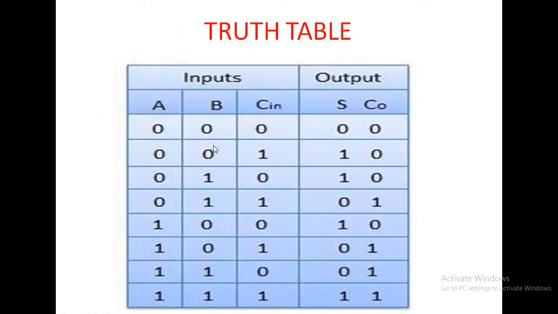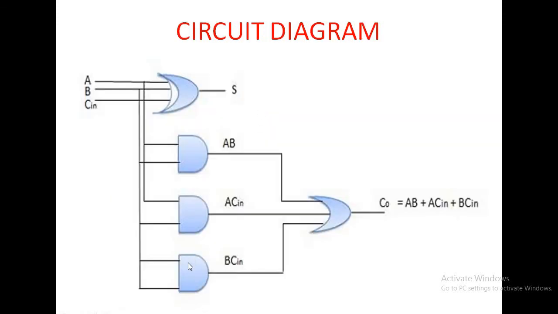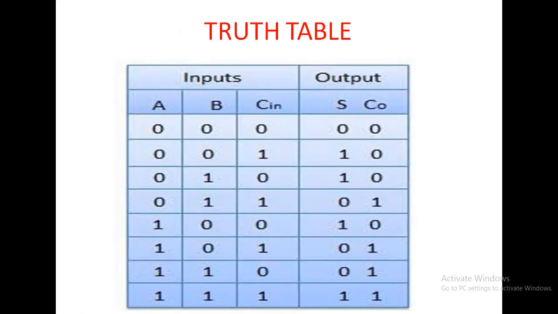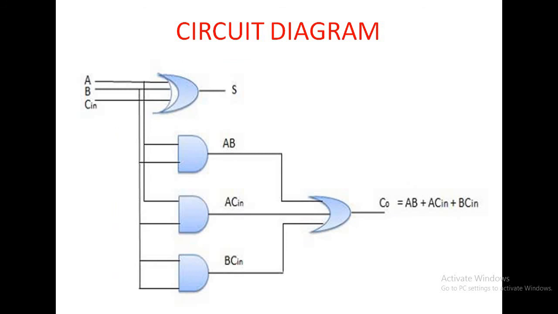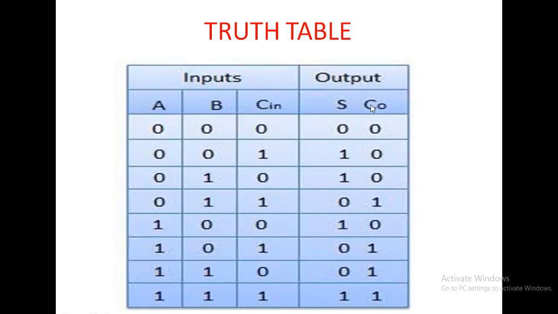Next, B dot CIN is also an AND gate. Three inputs are there, A, B, CIN, and these are the different AND gates. If I add AB plus ACIN plus BCIN, this is nothing but my C0.